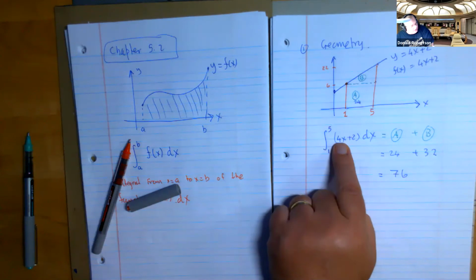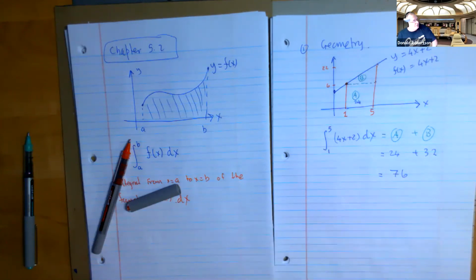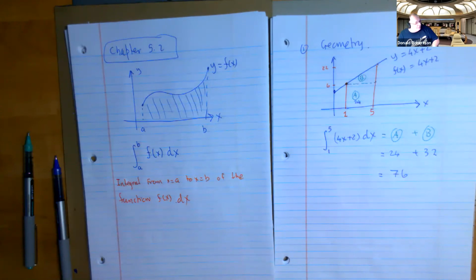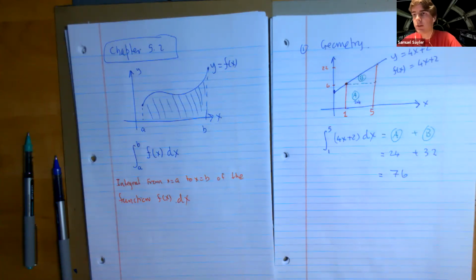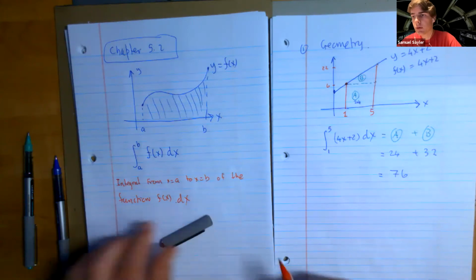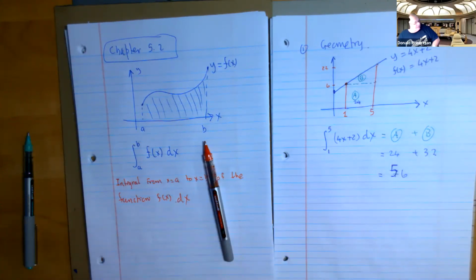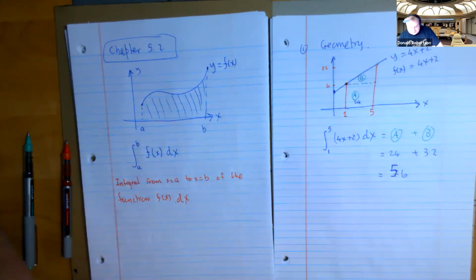So isn't the area under this curve 76 units? And it is not an estimate. Isn't that an exact value? You can visually see that it matches the right answer. Do you mean 56? Did you catch my deliberate mistake? Yes, I did.